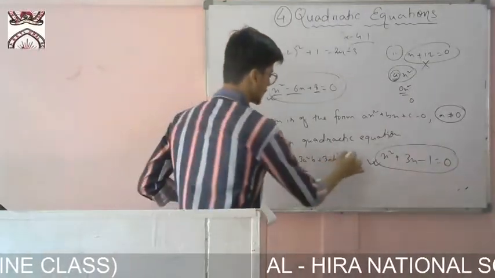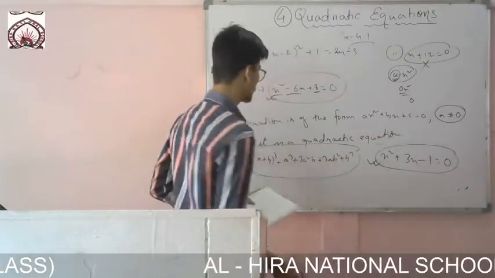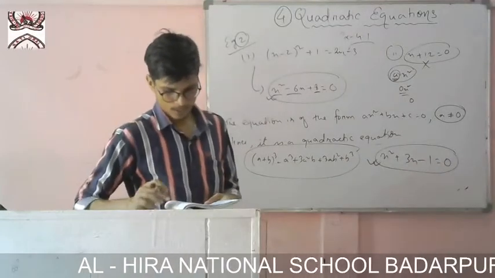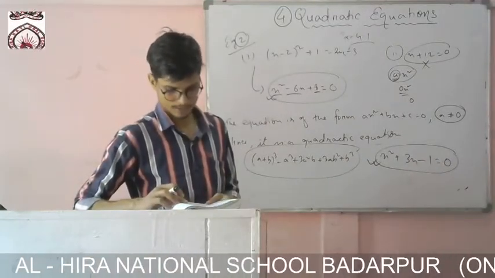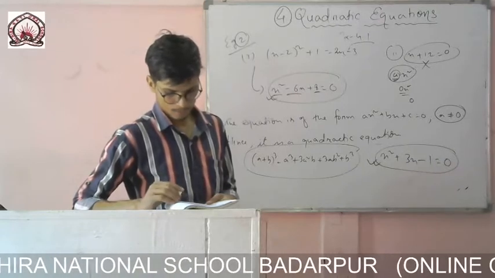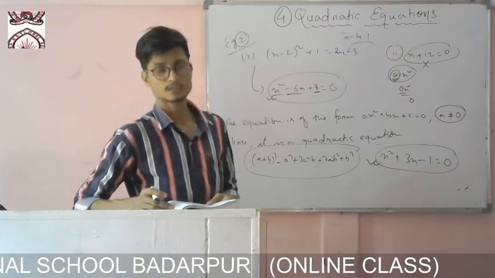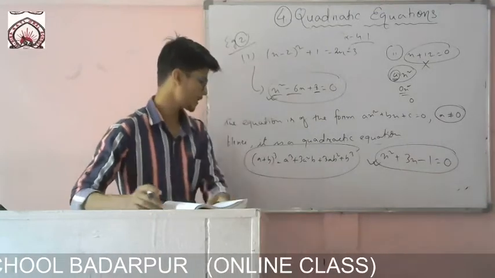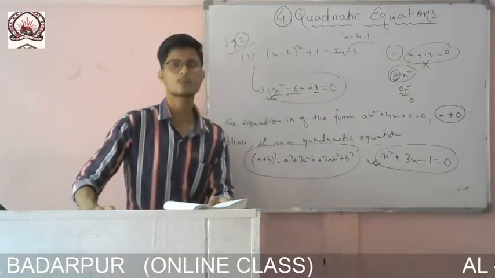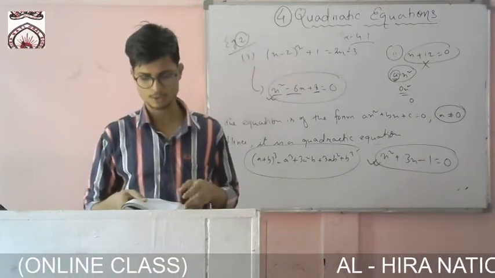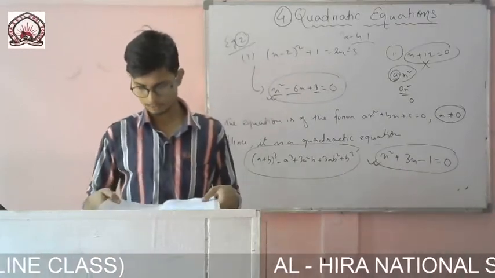You use this formula while solving this. After solving, what answer came? It came x square plus 2x plus 2. So x square plus 2x, that means it is a quadratic equation of the form ax square plus bx plus c equals 0. So don't get confused.